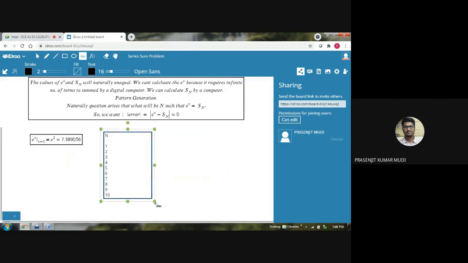Let's say one by one term we will add into the series expansion, and thereby we want to find out the value of Sn. Okay, and let's see what values we are getting.